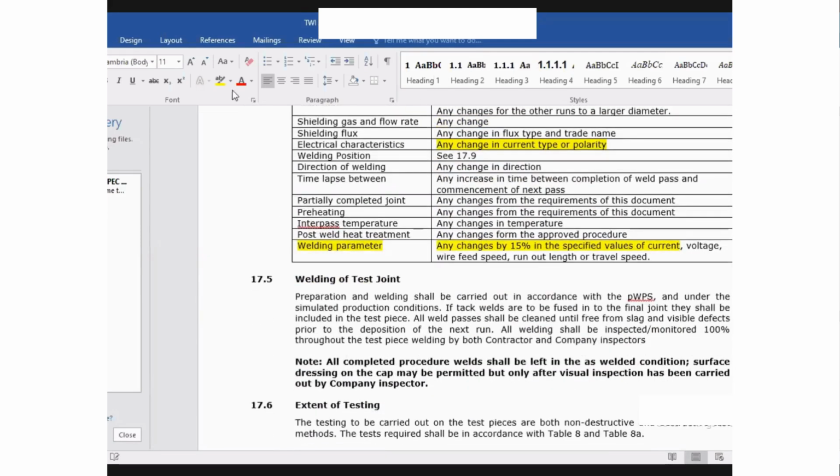Look at the welding parameters here. Any change by 15% in the specified value of current, voltage, wire feed speed. So they are allowed to change. Maybe you can add another 15% of the current value, voltage value, they are allowed. So back to the questions.